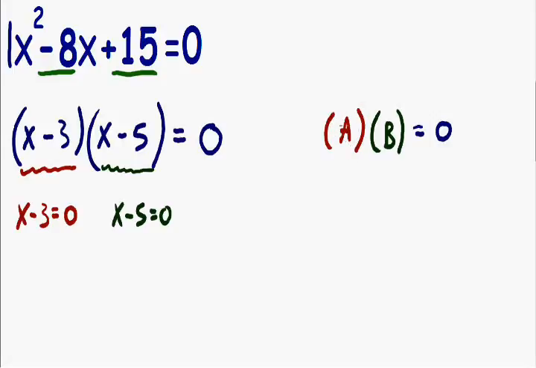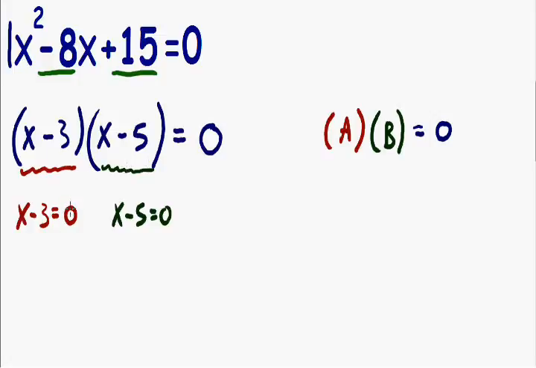For example, if A equals 0, 0 multiplied by B, it doesn't matter what B is, because 0 times anything is going to be equal to 0. And vice versa. If B equals 0, it doesn't matter what A is, because A multiplied by 0 is going to equal 0. So that's why we made our red parentheses and our green parentheses both equal to 0.